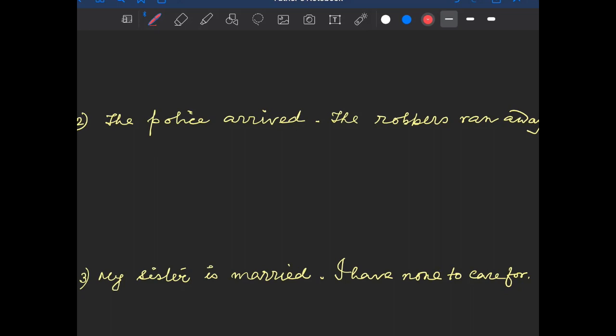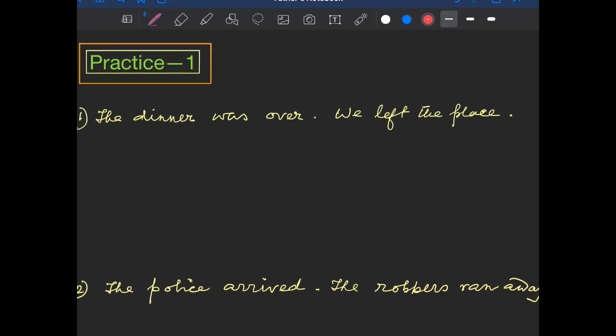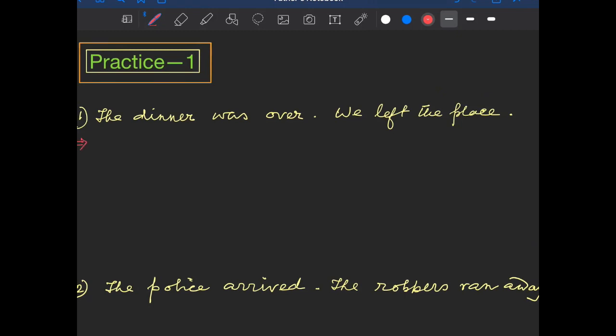Okay, now see the first set of sentences. The dinner was over, we left the place. This is effect, you can understand, so we will keep it, and this is the cause, so we will make it absolute phrase. So we will keep we left the place, and here the dinner, the nominative.